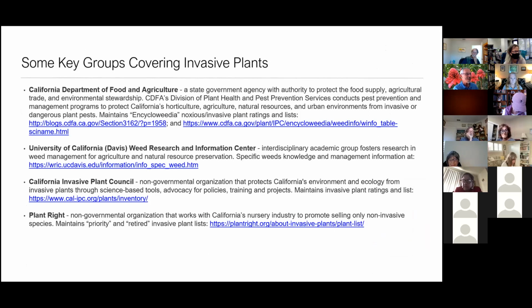The organizations that cover invasive plants include the California Department of Food and Agriculture, which is interested in mostly agriculture, but also natural resources and urban problem areas. The University of California at Davis has a fantastic Weed Research and Information Center.